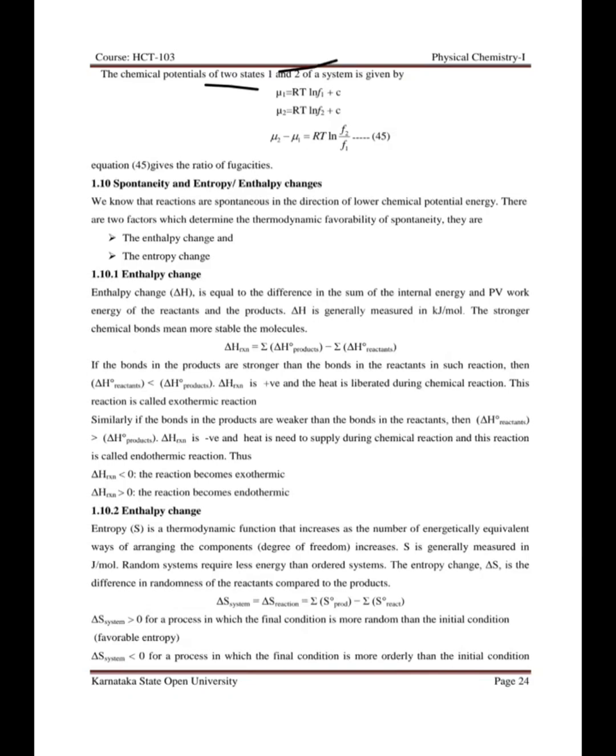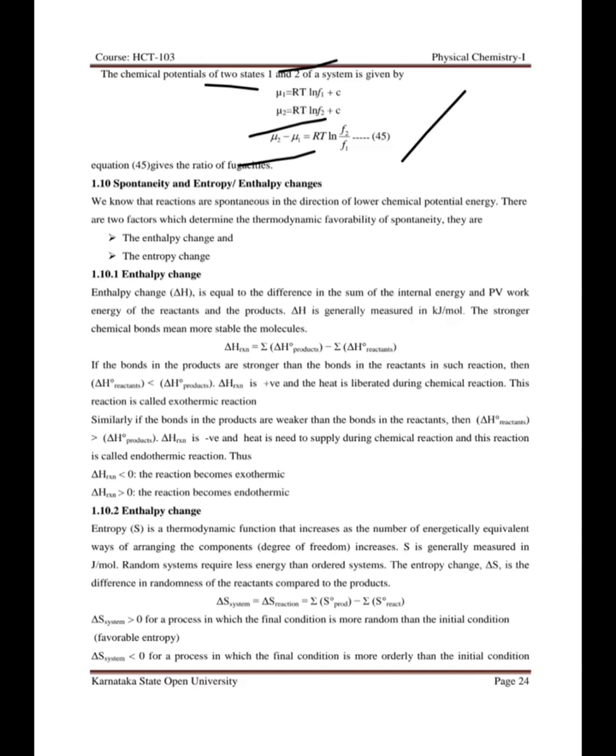Same thing, for state 1 it is represented as mu 1 is equal to RT ln of F1 plus C, and for state 2 it is represented as mu 2 is equal to RT ln of F2 plus C. So to determine the chemical potential, mu 2 minus mu 1 is equal to RT ln of F2 by F1, that is equation 45, to calculate the chemical potential of the fugacity.